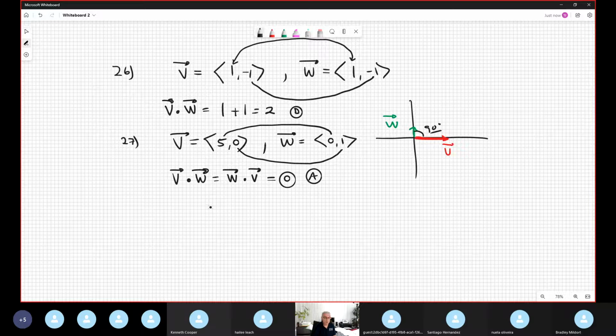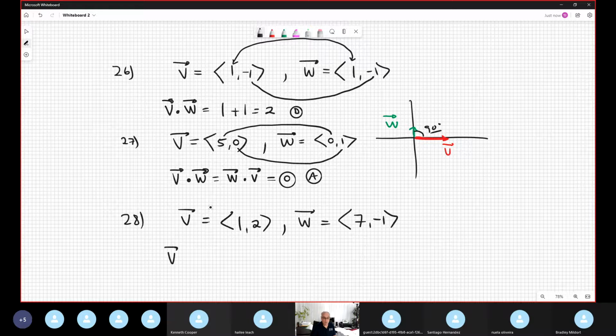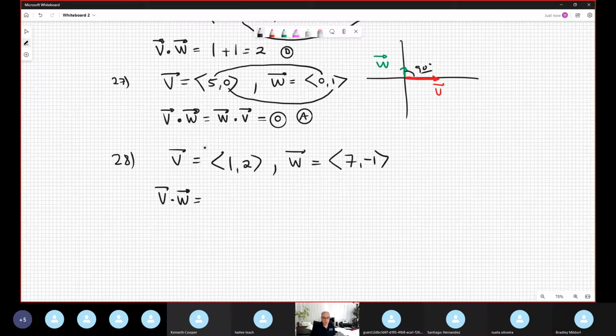28. Dot product. Look at the vector B, <1, 2>, and the vector W, which is <7, -1>. And you compute the dot product, multiplication component by component. So multiply 1 times 7 is 7. And 2 times negative 1 is negative 2. And 7 minus 2 is 5.